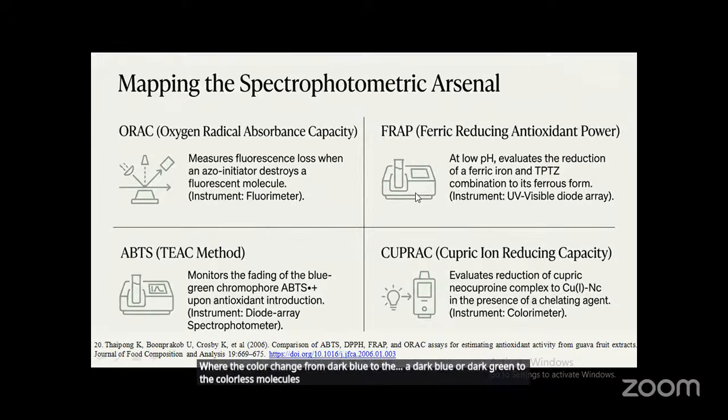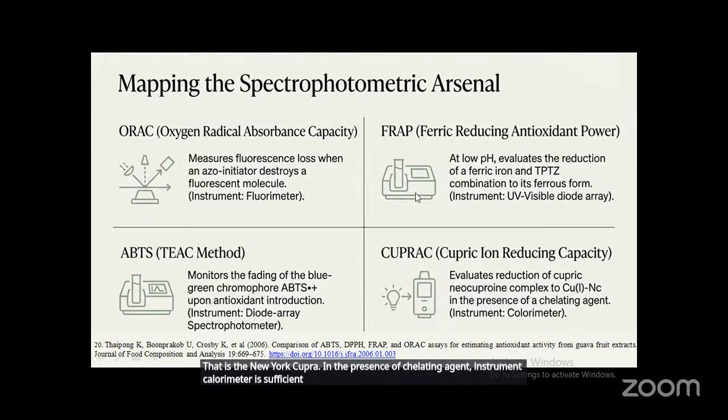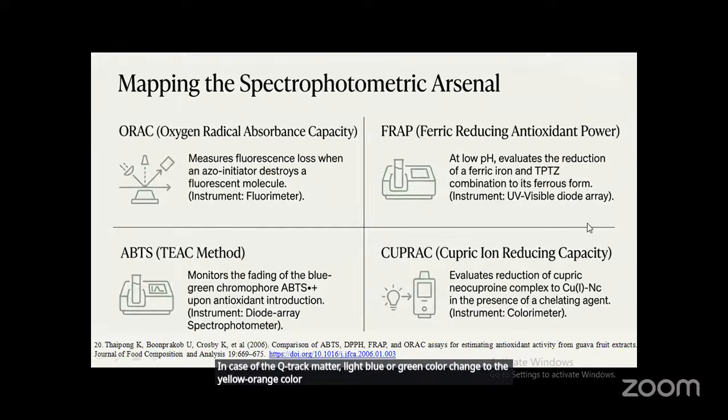Then cupric ion reducing capacity evaluates reduction of cupric neocuproine complex to cuprous neocuproine in the presence of a chelating agent; a colorimeter is sufficient for this one. In case of the CUPRAC method, light blue or green color changes to yellow-orange or yellow color. This is a simple comparison of the spectrophotometric methods used for the total antioxidant capacity. Next slide, please.